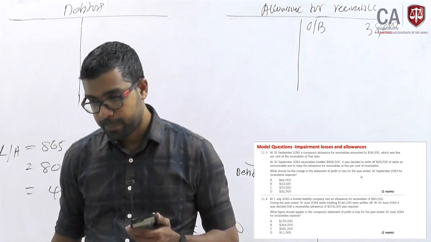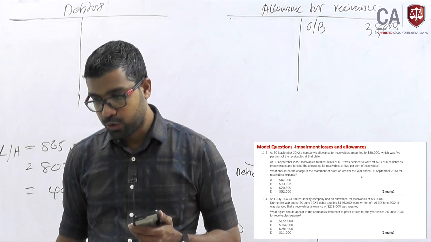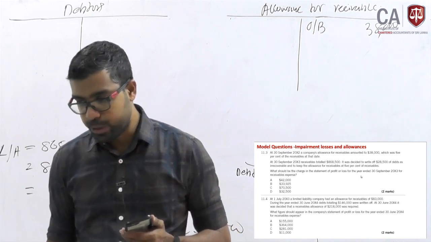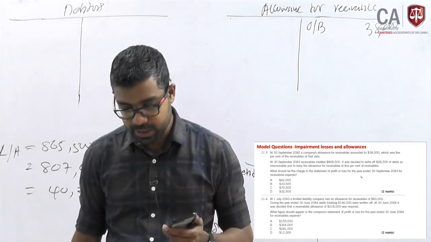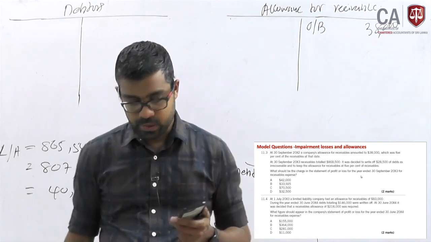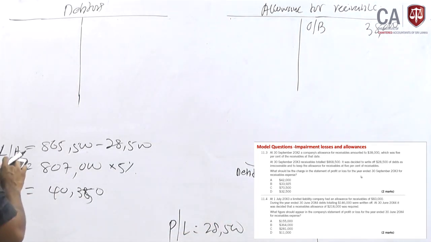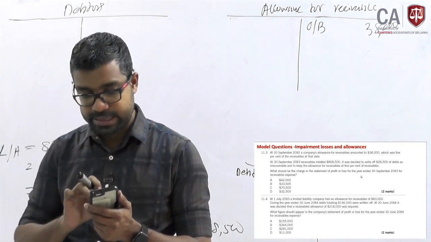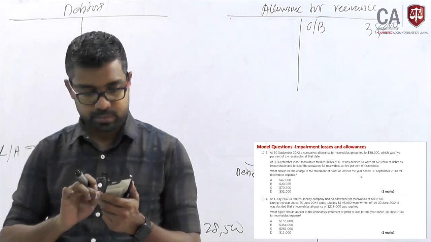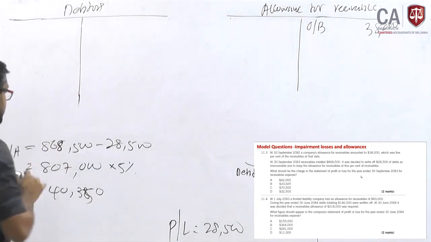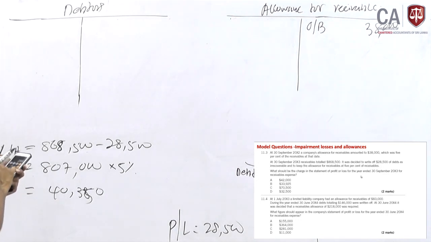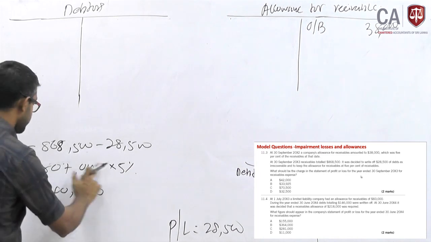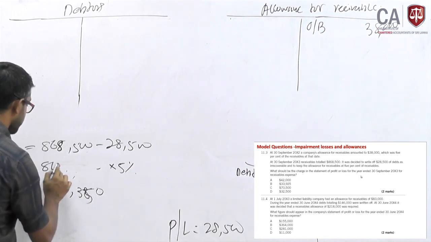Now they are asking what would be the charge in the statement of profit or loss. You charge how much? 868,500, I made a mistake, minus 28,500, is 840,000.